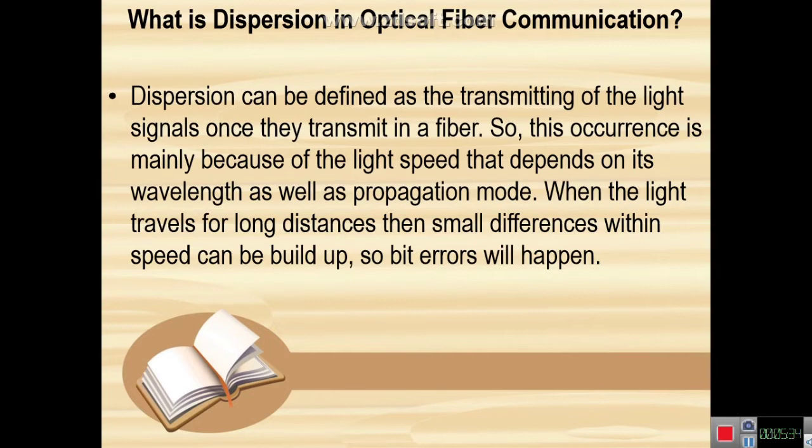When the light travels for long distances, then small differences in speed can be built up, so errors will happen. Similar to attenuation, this dispersion will reduce the distance that signals move within optic fibers. Not like attenuation, it does not decline the signal. However, it blurs.